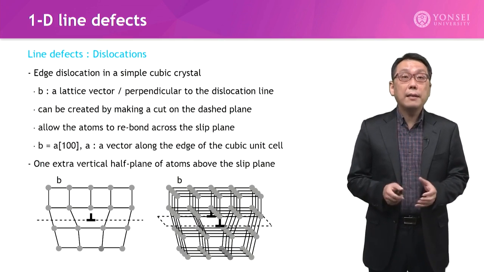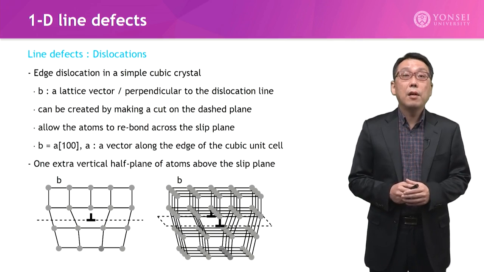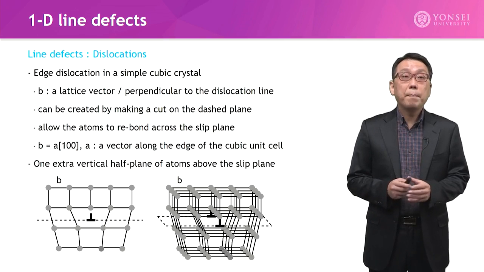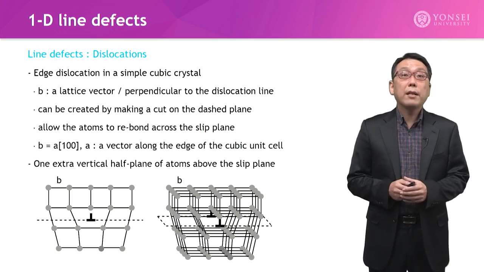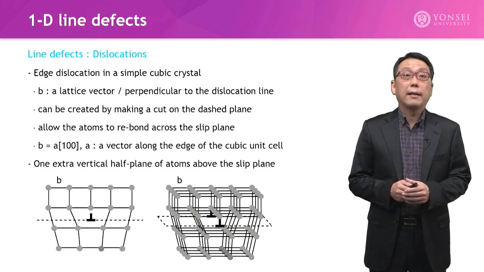Let's think about the edge dislocation in a simple cubic crystal structure. In this scheme, B is a lattice vector, which is called the Burgers vector. It should be perpendicular to the dislocation line.